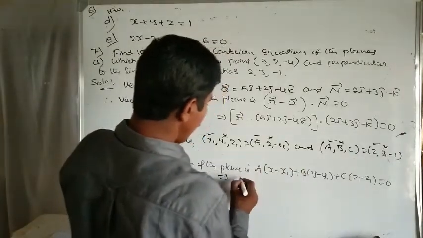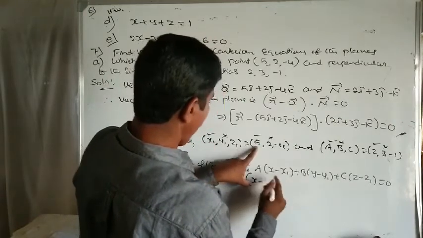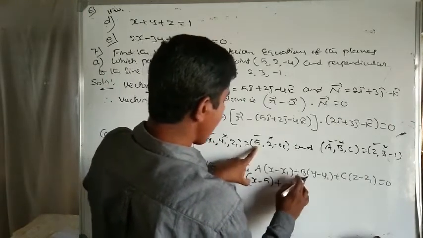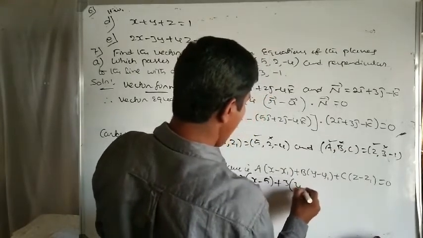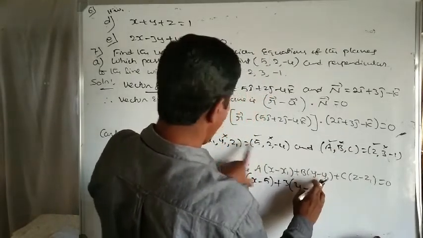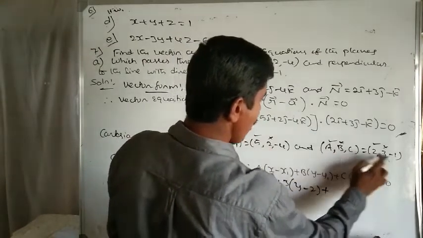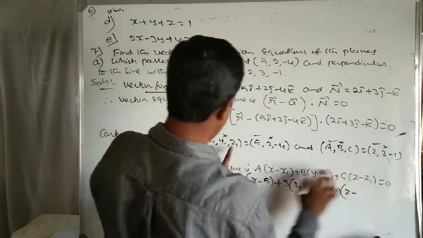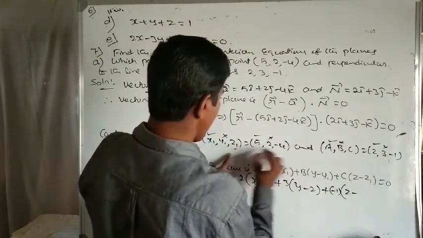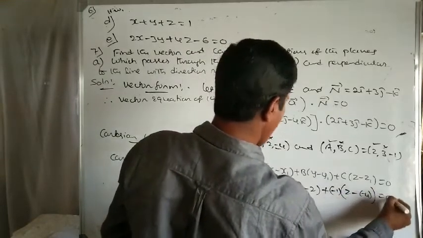A value 2 into (x minus 5) plus b value 3 into (y minus 2) plus c value minus 1 into (z minus (minus 4)) is equal to 0.